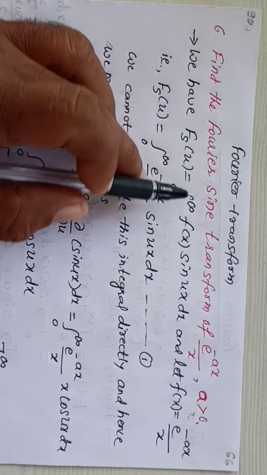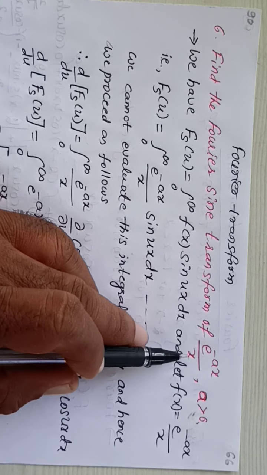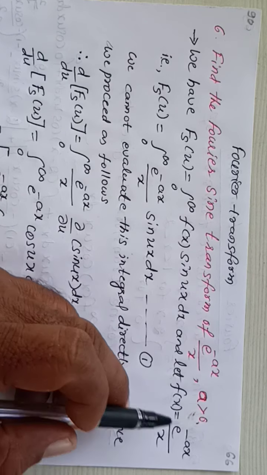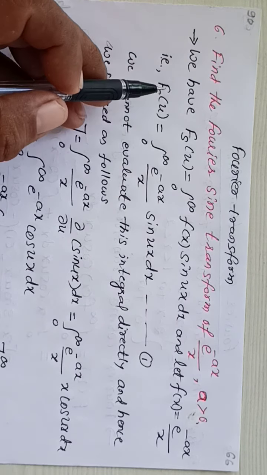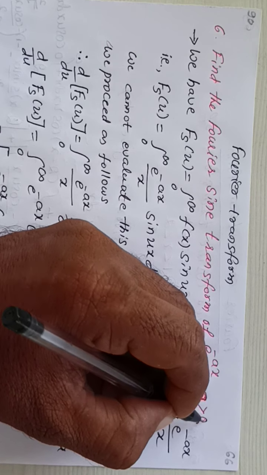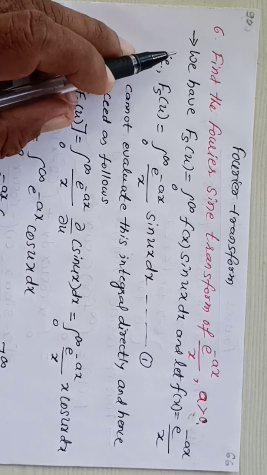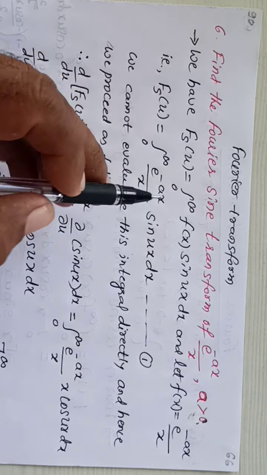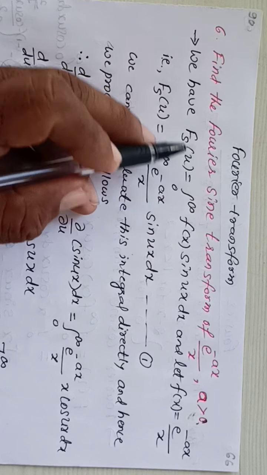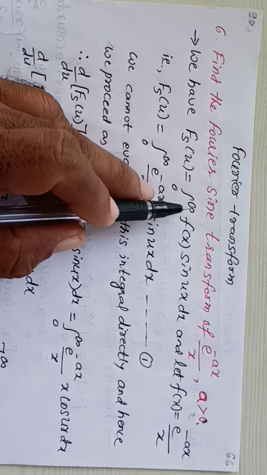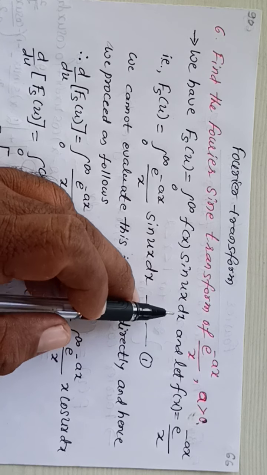Problem number 6: find the Fourier sine transform of e raised to minus ax divided by x, given a is greater than 0. To solve this problem, we have the formula F_s(u) = integration 0 to infinity f(x) sin ux dx.